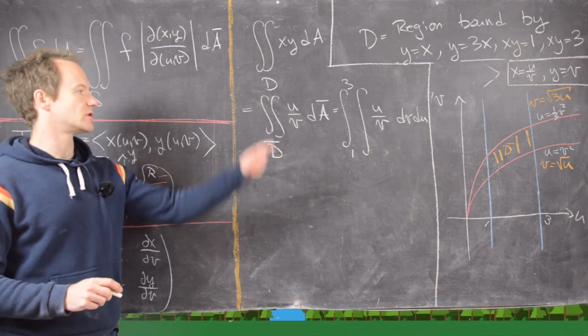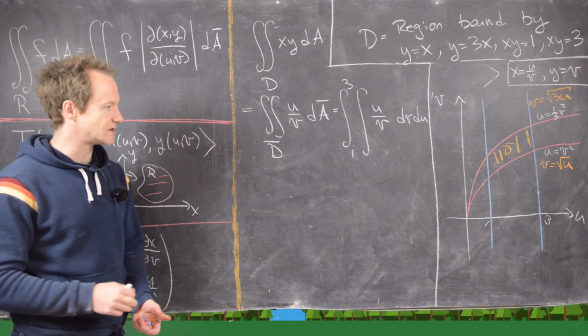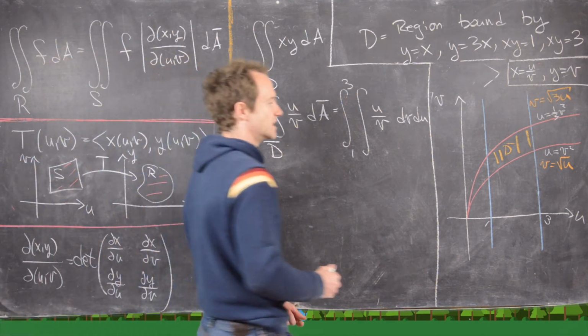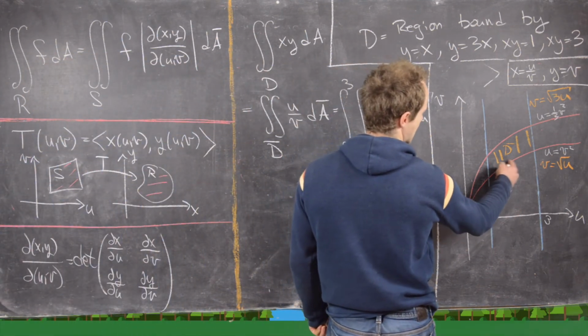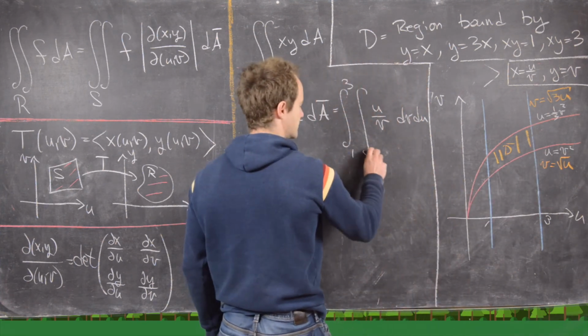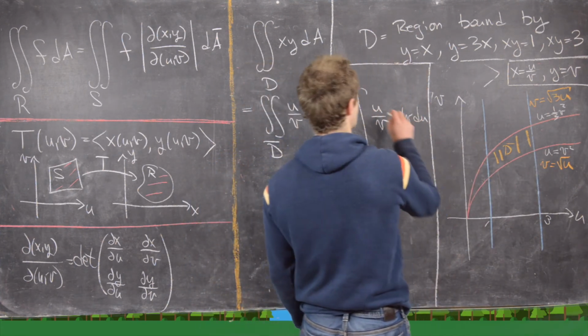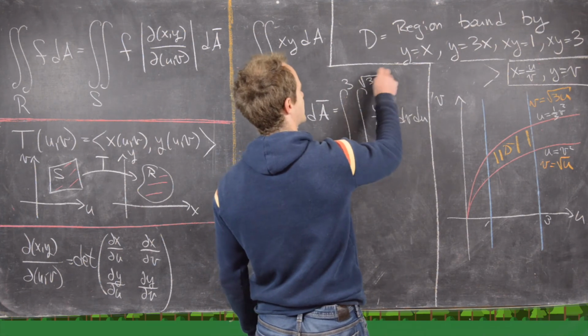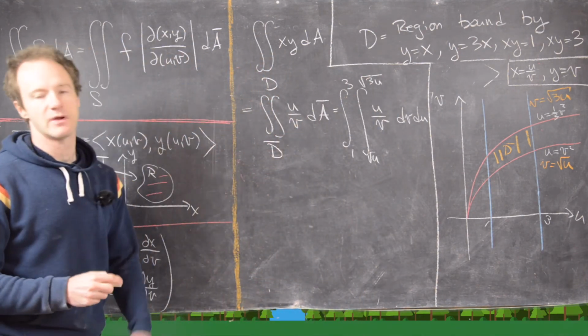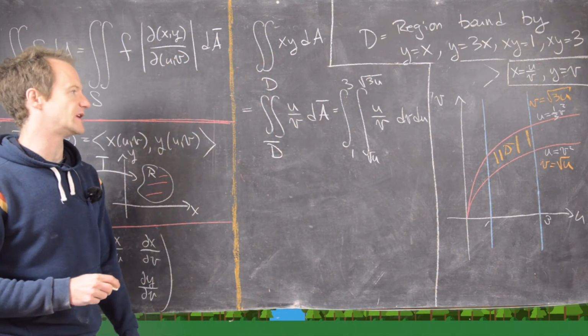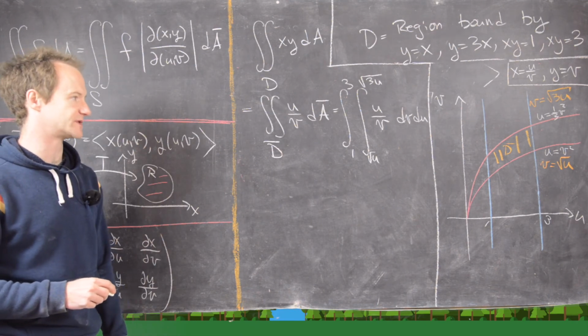Okay, and so let's see what's happening with the v bounds of integration. So notice the smallest value that v can take on is the square root of u, and the largest value is the square root of 3u. Now we have a nice iterated integral, which means we have just a couple of calculus 1 problems to do.